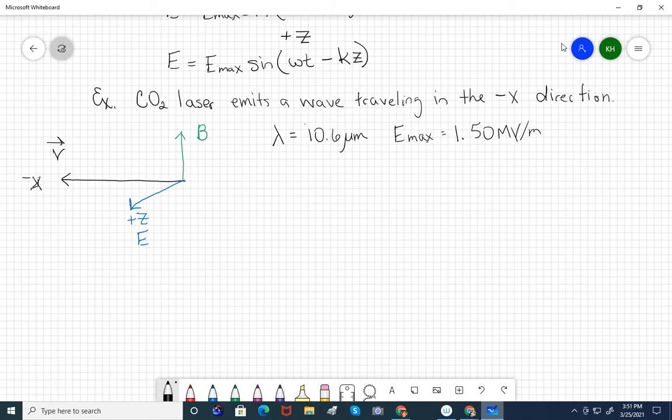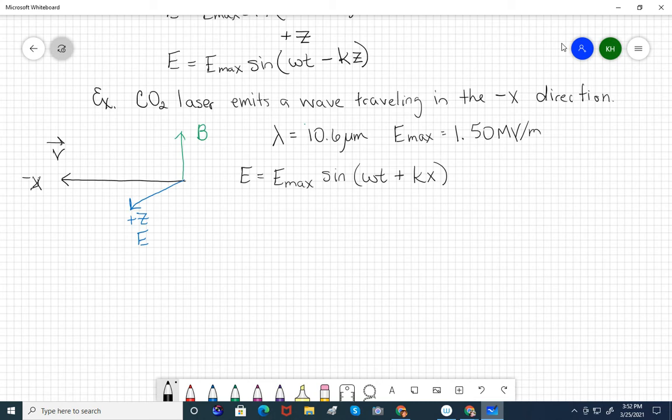All right, think about the formula. E equals E max, well I know E max, sine of omega t plus kx, because we're going in the negative direction, that's going to be a plus.